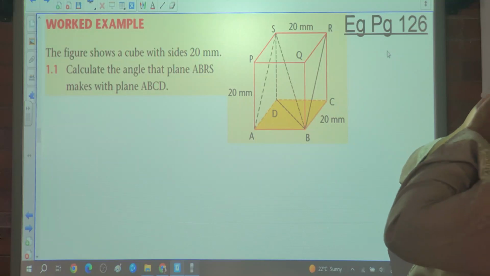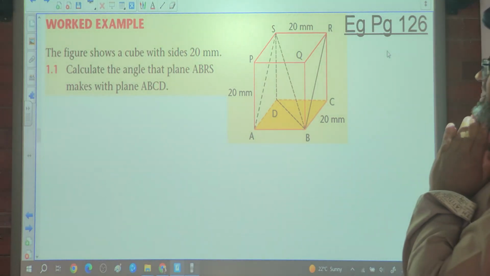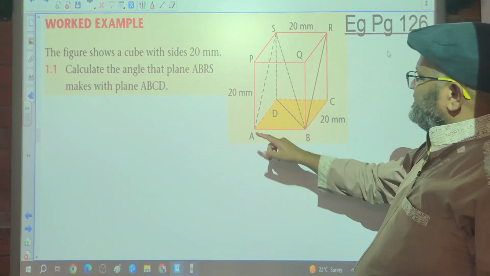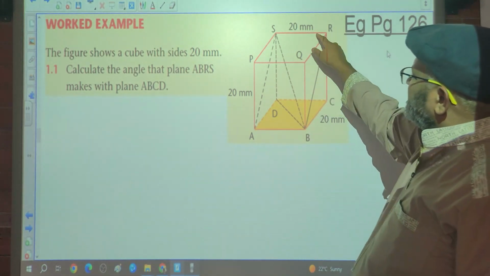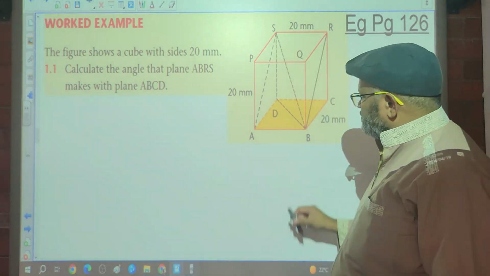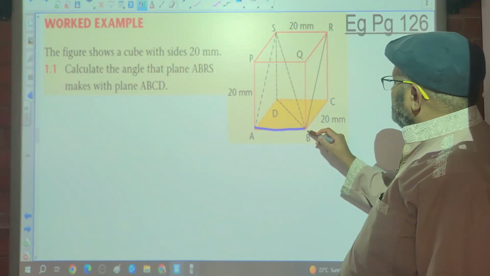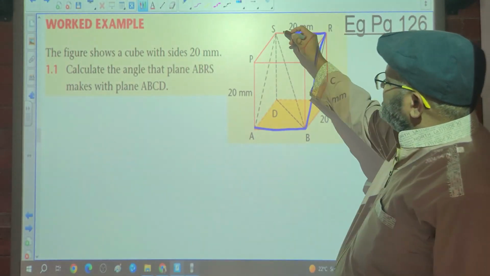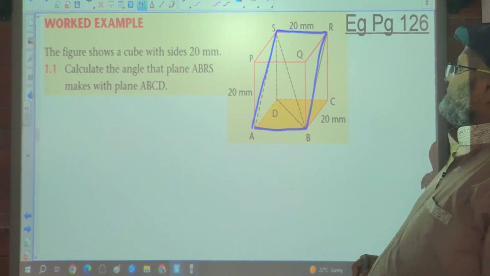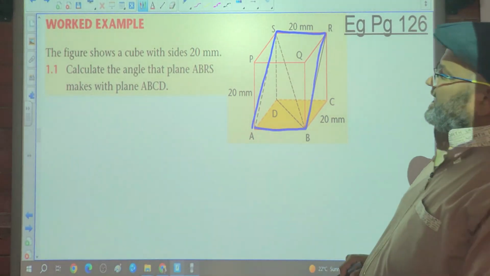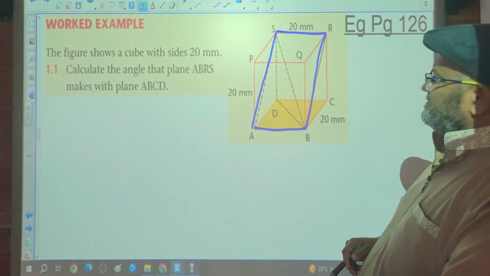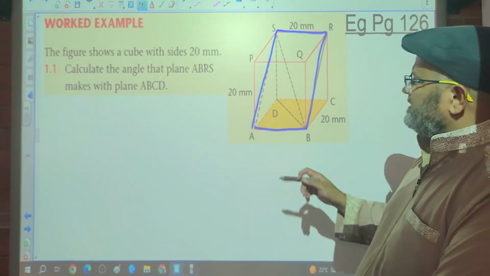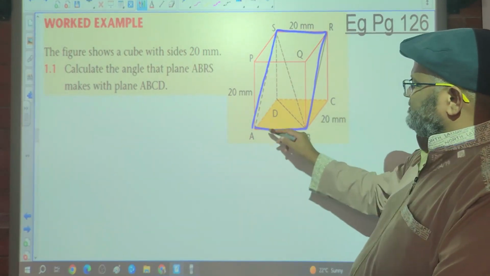Calculate the angle that the plane ABR makes with this flat surface, ABCD, which is this one here.